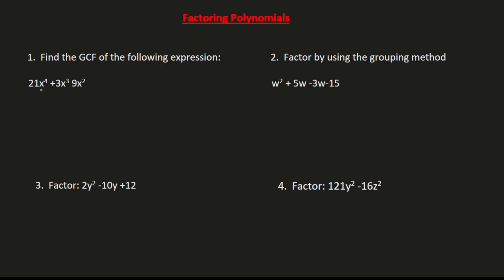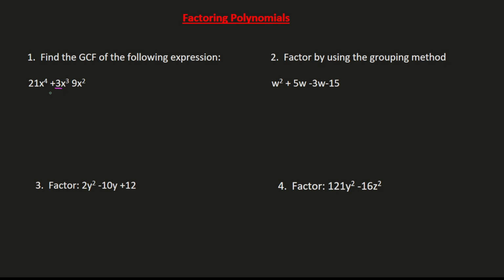We can tell that 3 divides 9 and 21. The greatest common factor of 3, 21, and 9 is equal to 3.